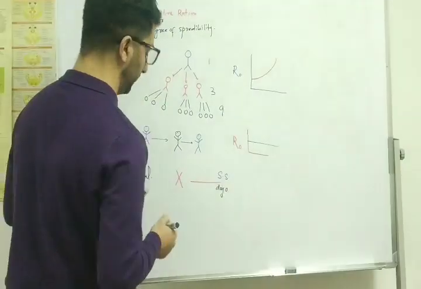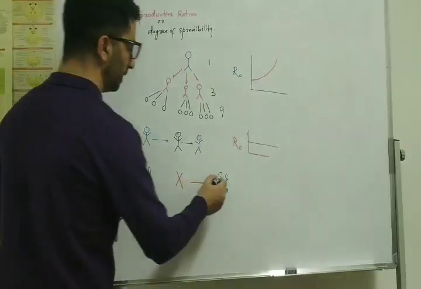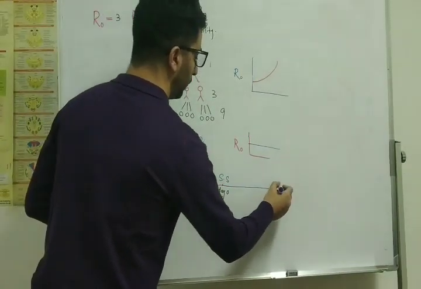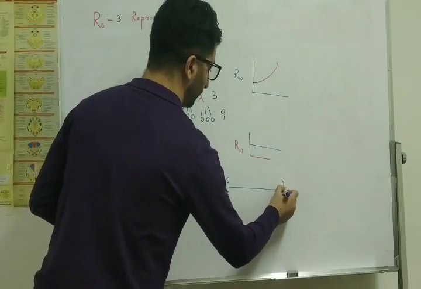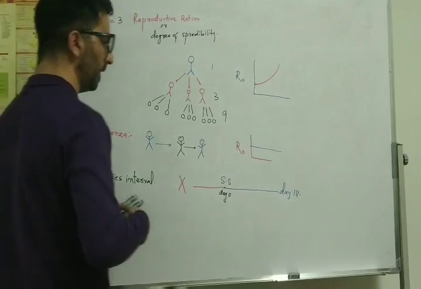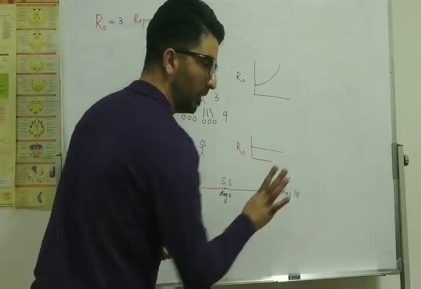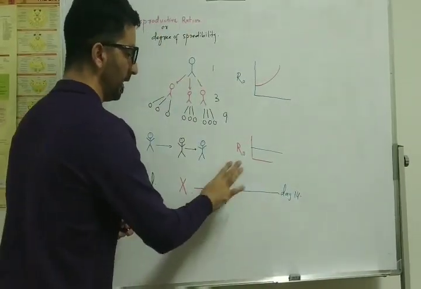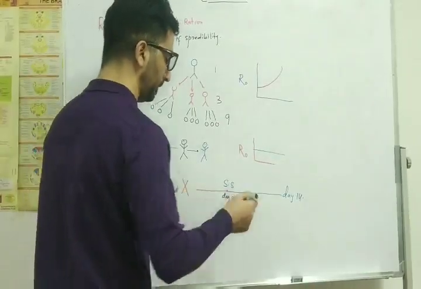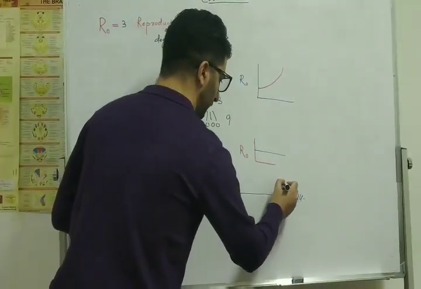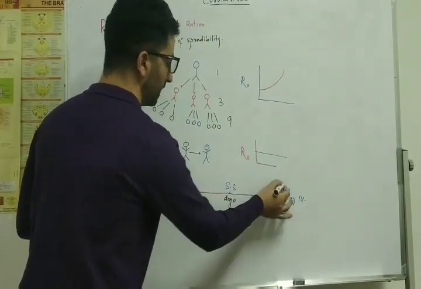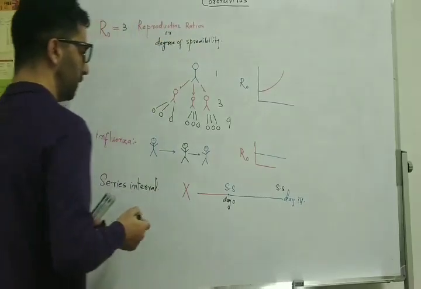On D14 the symptoms stop. So D0 is when symptoms start, and on D14 they stop. So don't be confused. This is symptom start, and this is symptom stop.